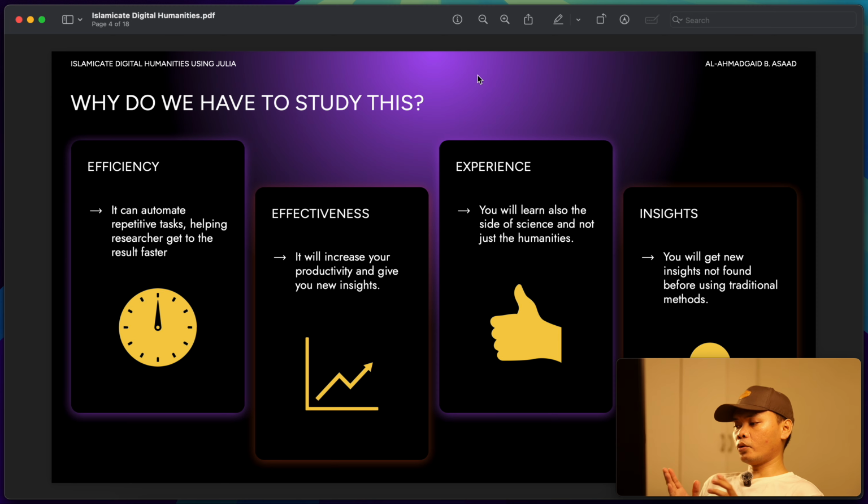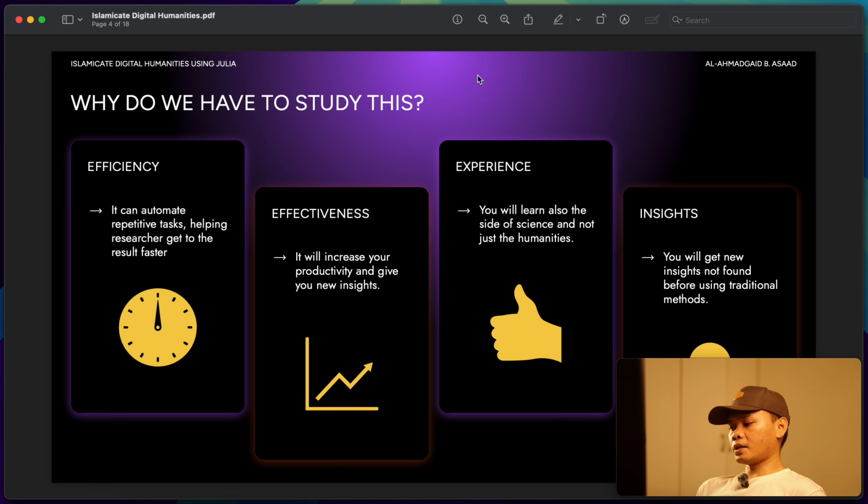In terms of effectiveness, it will increase your productivity and give you new insights. So it's very effective in that sense, right? And in terms of experience, you will also learn the side of science and not just the humanities, because in order for us to study digitized text, we can of course use techniques from the field of science, especially statistics and machine learning.